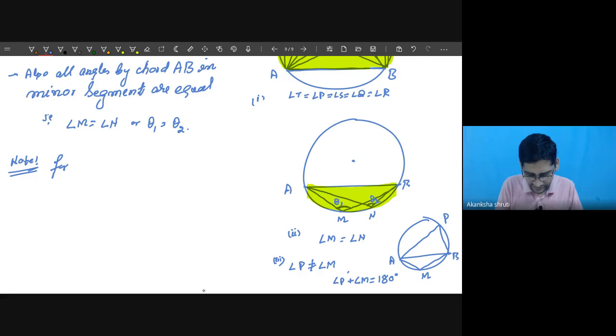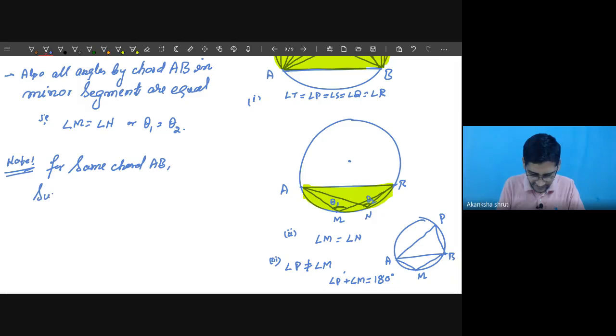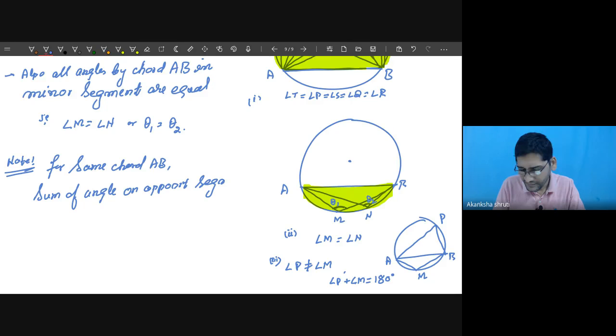For the same chord AB, the sum of the angles on the opposite segments at the boundary is 180 degrees.